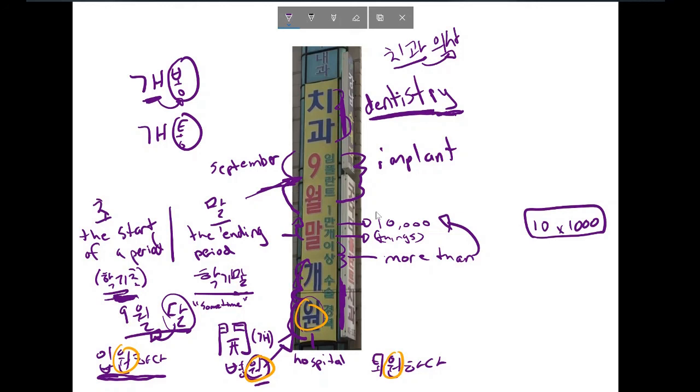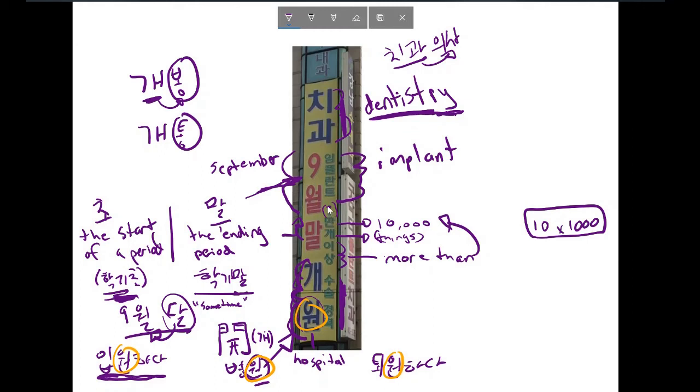But 만 in itself means 10,000, and by saying 일만, it's basically like in English saying one 10,000th. You don't need to say one 10,000, you just say 10,000.